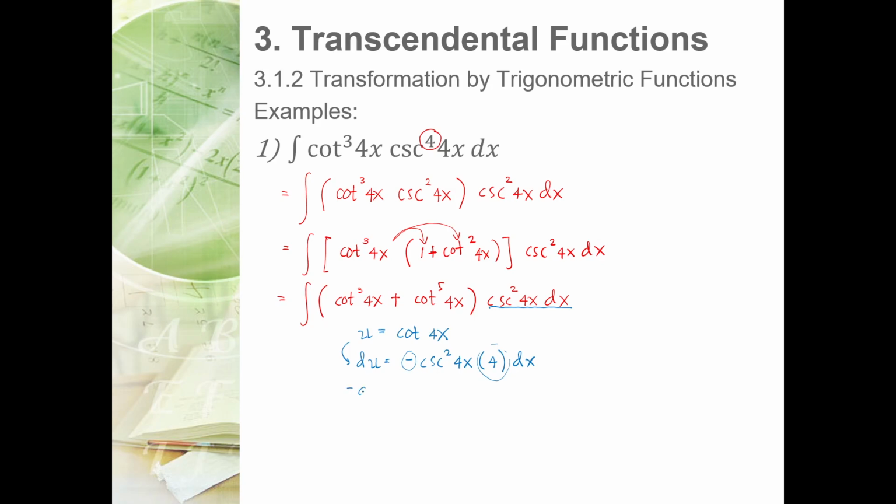So this becomes negative du over 4, and the right side is just cosecant squared 4x dx. Okay, so I think you can follow, right? So this one becomes negative du over 4. This becomes u cubed. This becomes u to the power of 5.